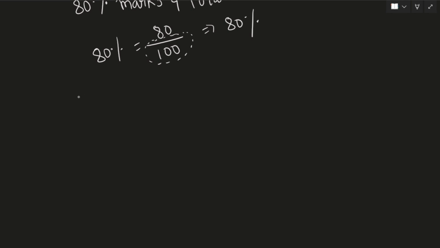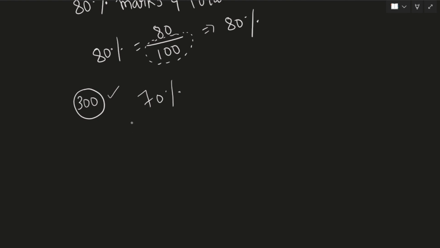Let us take another example. Say that the total marks are now 300 and let us say we have scored 70%. Now we have to find what is the 70% of 300. So the total marks now are 300 but not 100. As we know, the percentage is calculated for 100.